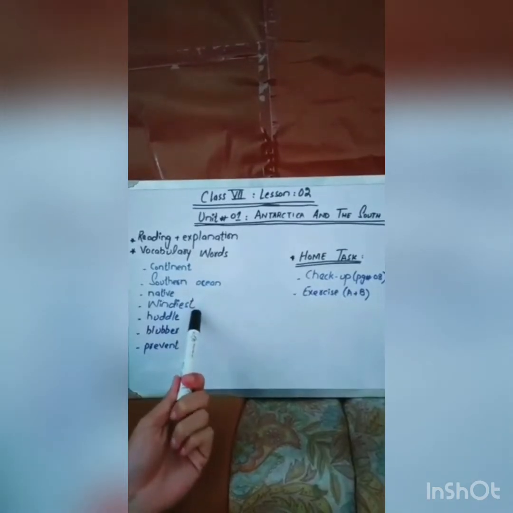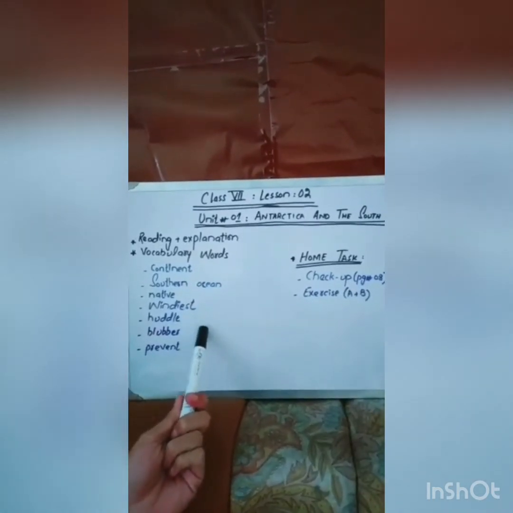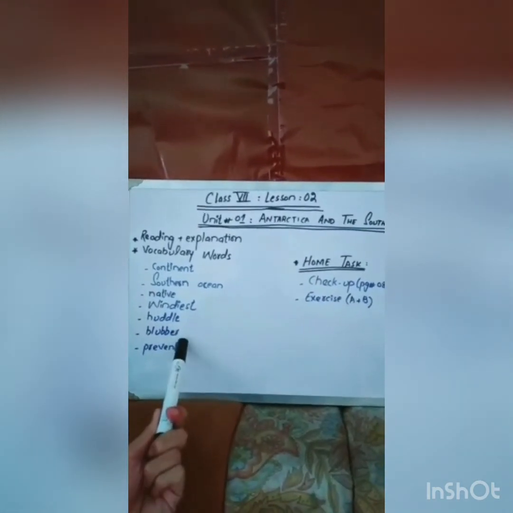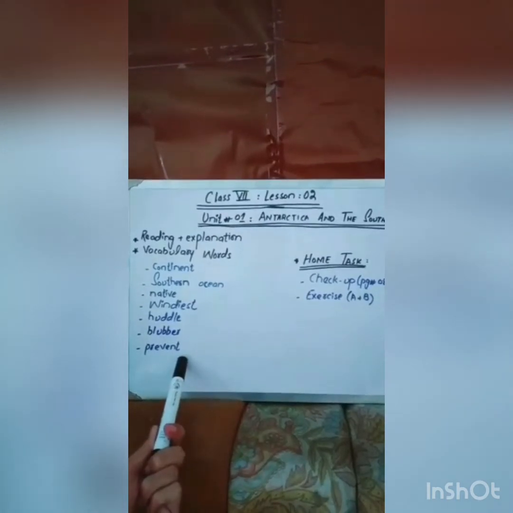Underline these words kindly for your vocabulary: continent, Southern Ocean, native, windiest, huddle, blubber, and prevent.